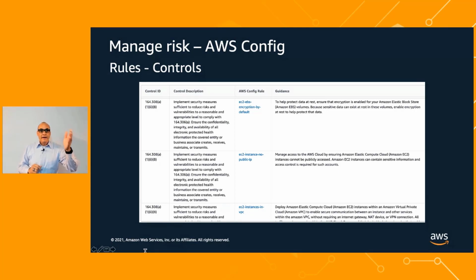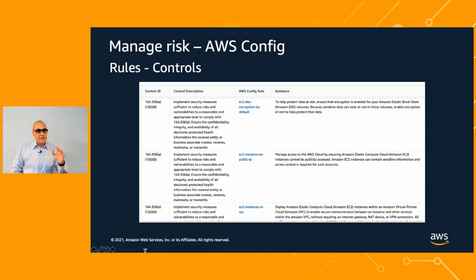So as you can see in 164.308(a), implement security measures sufficient to reduce risks and vulnerabilities to a reasonable and appropriate level to comply. And you can read the rest of it, right? But that maps to that specific EBS encryption by default as it relates to volumes that you use on EC2 instances in AWS. So this is how you define those controls.